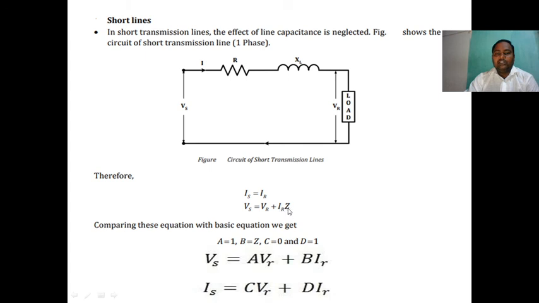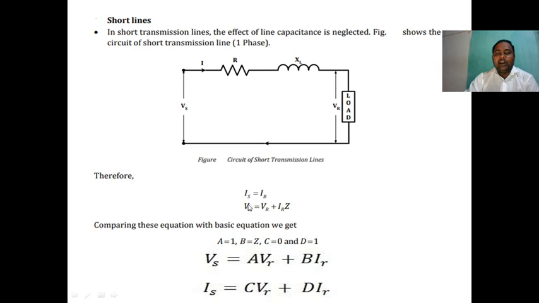In the place of B, there is the constant Z. So constant B is equal to Z. Here Is is equal to IR, so there is no constant C value. Definitely constant C is equal to 0.